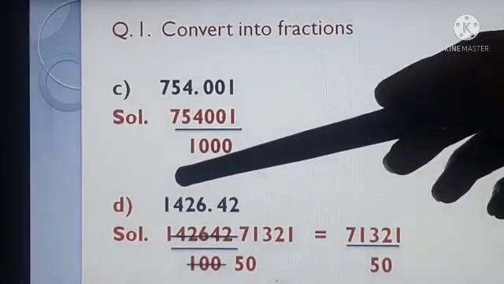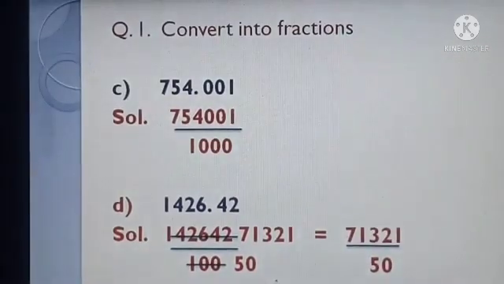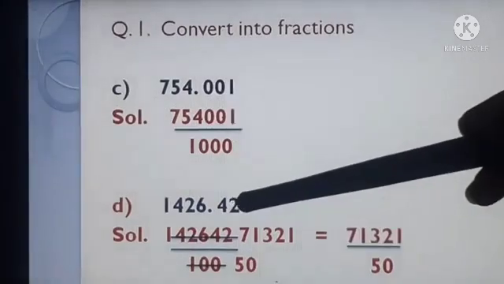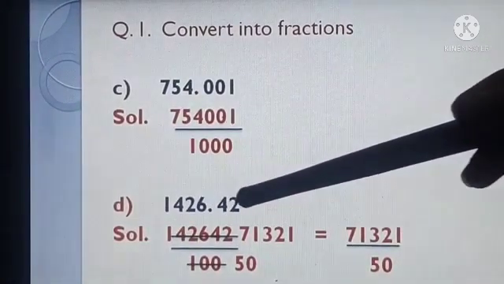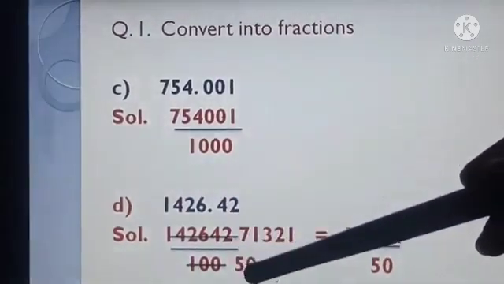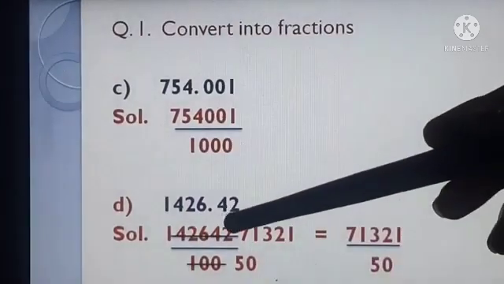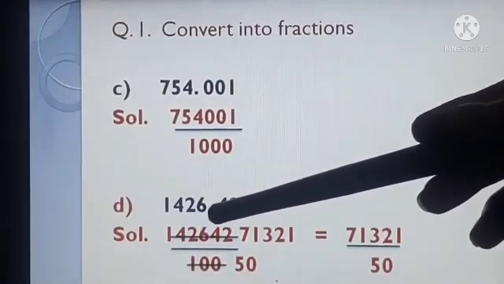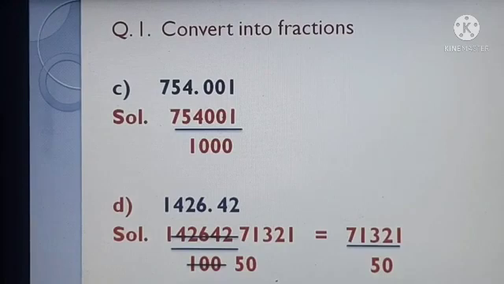D part: 1426.42. To write it in the form of a fraction, 1426.42 will become 142642 upon 100. So the fraction is 1,42,642 upon 100. Again cancellation is there with 2.